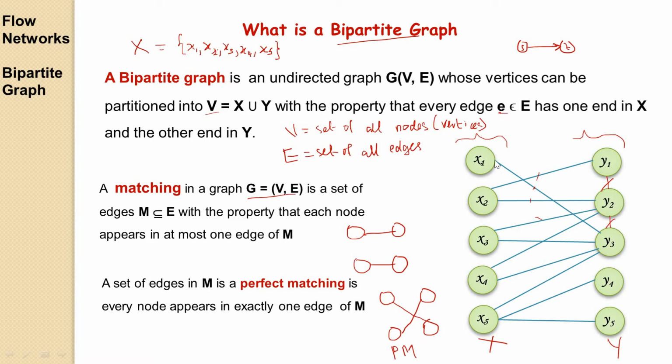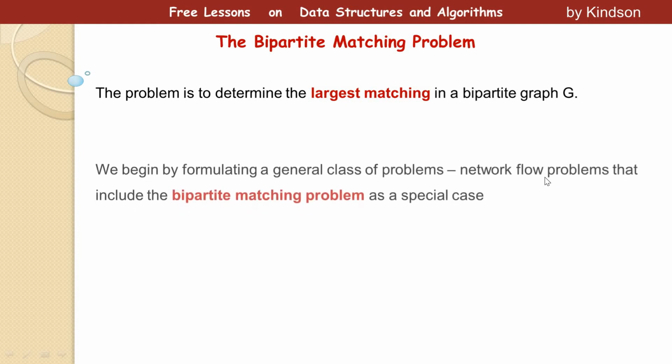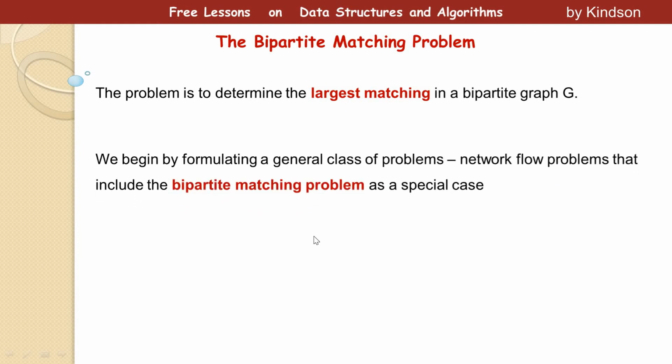Remember, matching is simply a set of edges, so we can actually add additional matching, like say this to this, x4 to y5, and so on and so forth. So this is not a maximum, the matches are not complete in a sense. What we are saying is we have to create a matching with a bipartite graph with the largest matching. So how do we do this?